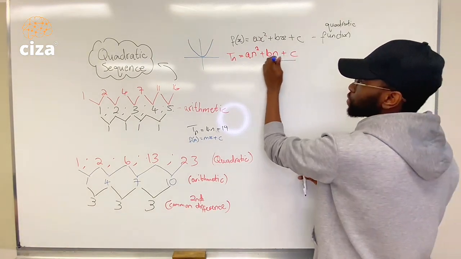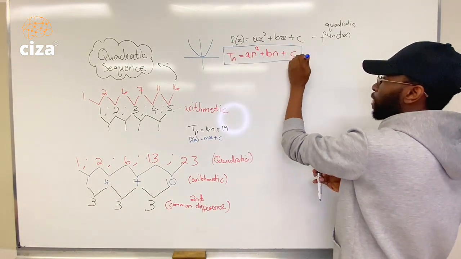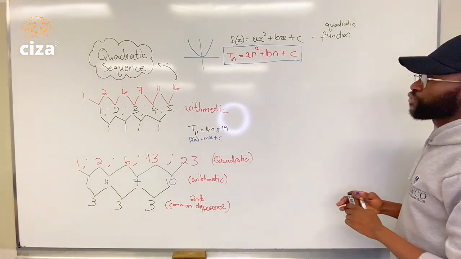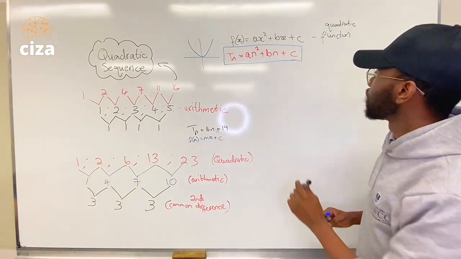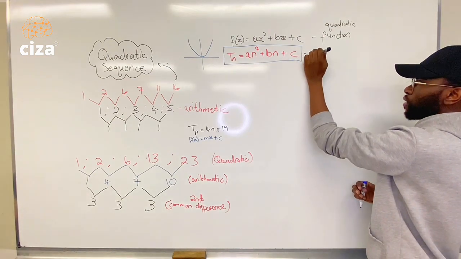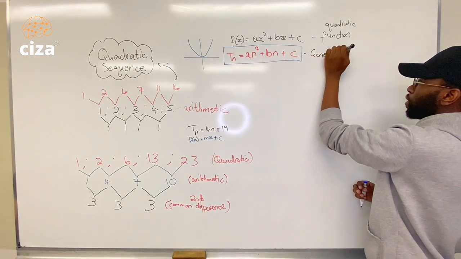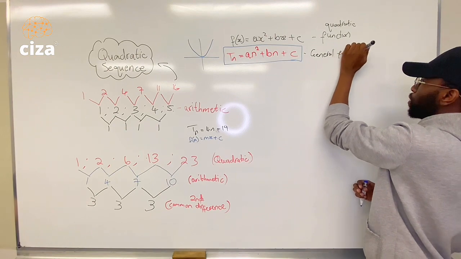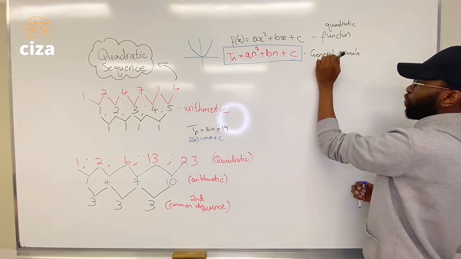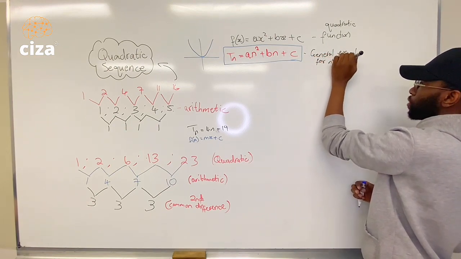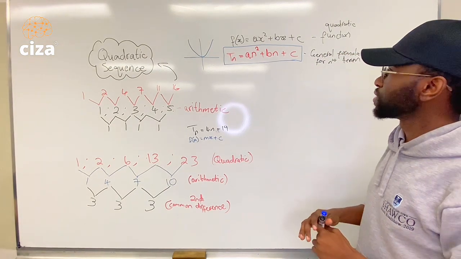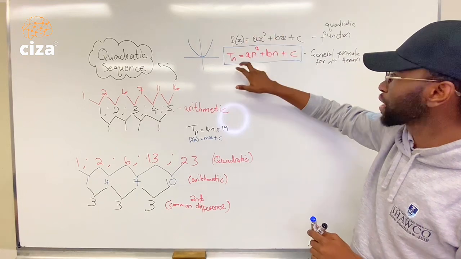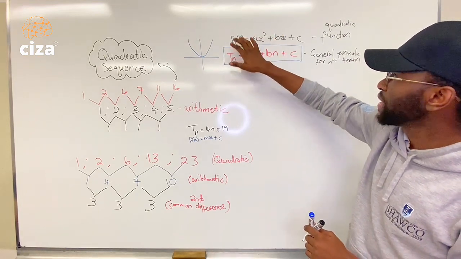And this is what gives us the general formula for the nth term of a quadratic sequence.